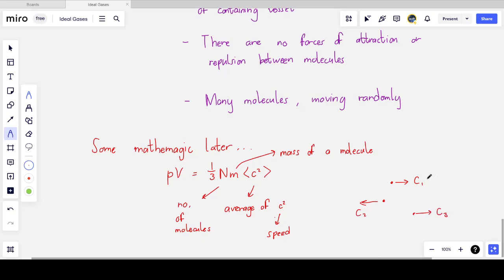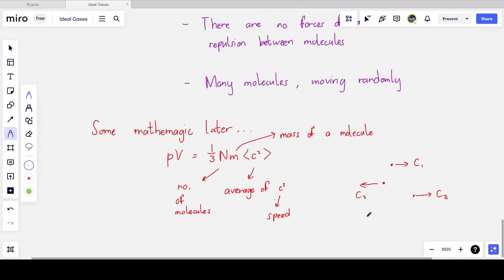If I have n molecules, what this value is, the average of C squared, we call it the mean square speed, is C1 squared plus C2 squared plus all the way, if I have n molecules, Cn squared, divided by the total number of molecules I have, which I'll say is n. That's what the mean square speed is.